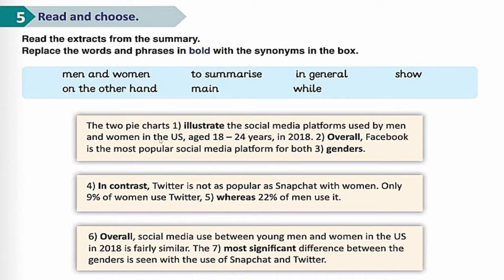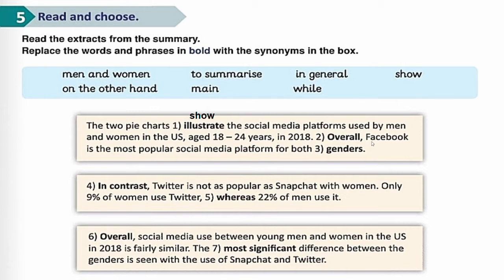The extracts: the two pie charts illustrate the social media platforms used by men and women in the US. So here the word illustrate, which word matches with it from the box? Of course, it is show. Illustrate or show. Good.